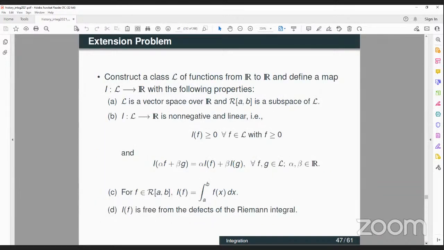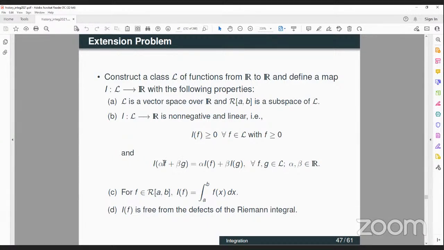This was the problem that occupied mathematicians for quite some time, called the extension problem. Define a class of functions from R to R such that it is a vector space like the class of Riemann integrable functions. R[a,b] should be inside this class; it is something bigger than R[a,b]. Keep in mind the rationals and the reals. And this class of functions has the property that for a non-negative function, the integral is greater than or equal to 0.